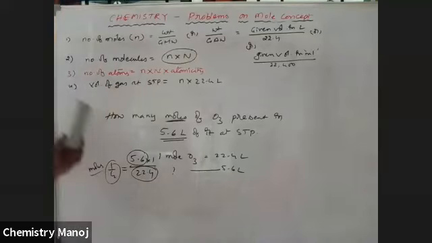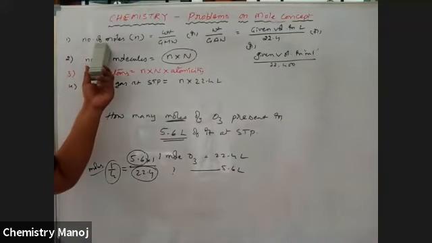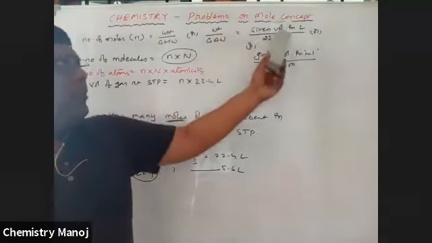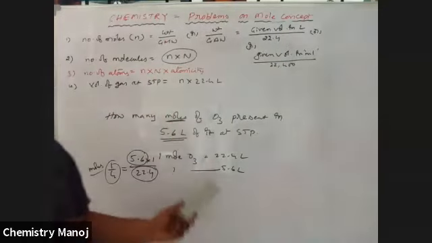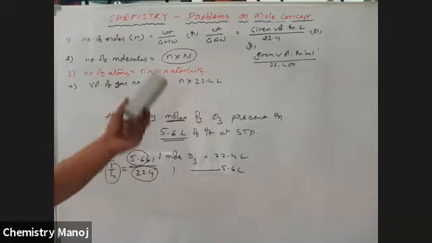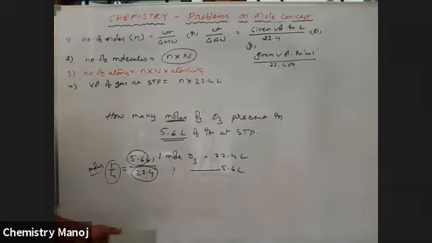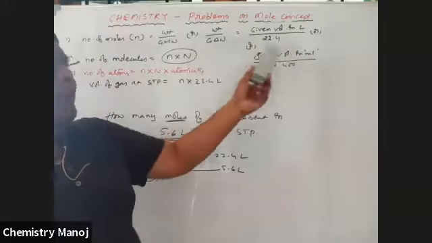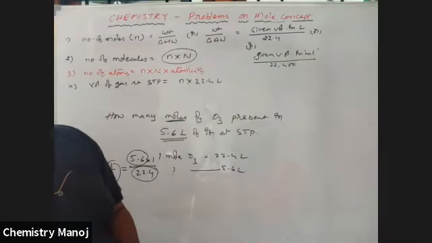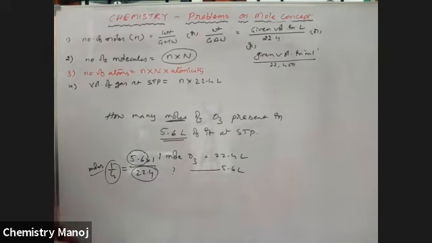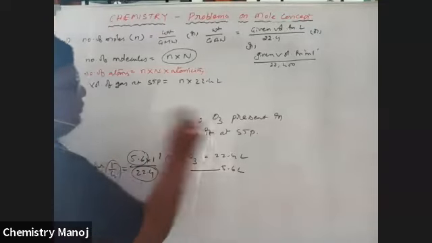That is one of the methods to calculate the number of moles. If volume is given, given volume by 22.4 liters. If weight is given, weight by atomic weight or weight by molecular weight. If volume is given, given volume in liters by 22.4 liters or in milliliters, that is 22,400 milliliters. So it is another method to calculate the number of moles of the gas.